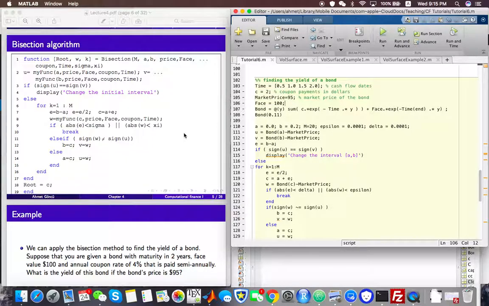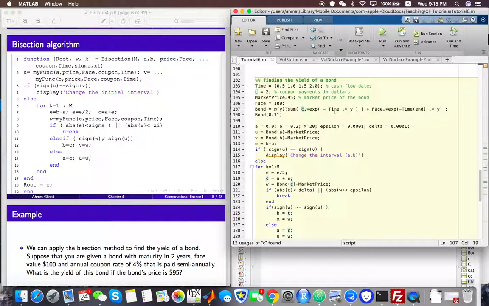What I need now is to define a function that will give me the present value of this cash flow. You can notice that I have all the payments from the coupons, and these are discounted. We have this vectorized multiplication: each date we multiply with the yield, and we have the coupon payments.